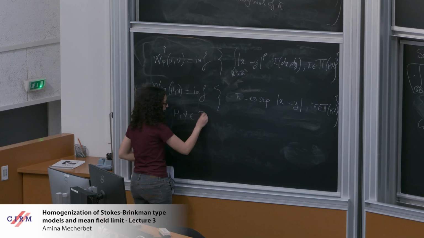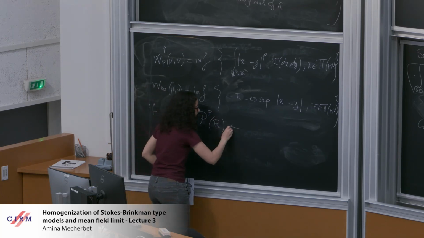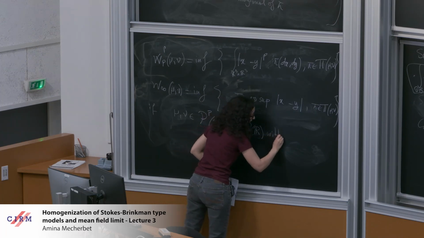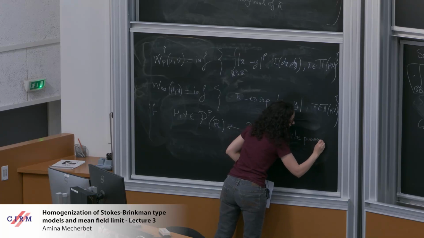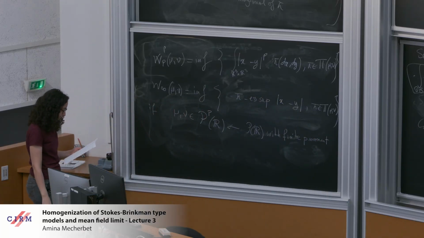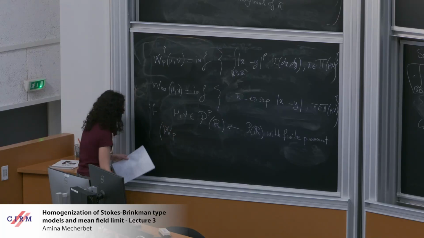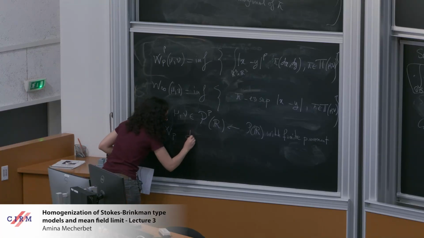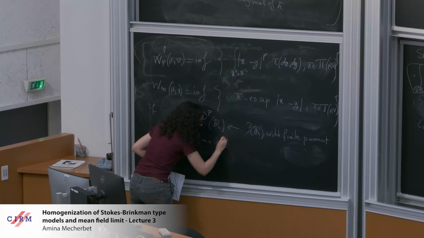So if they are in the set of probability measures with finite p moments, this will be defined. And this is a distance over this space.